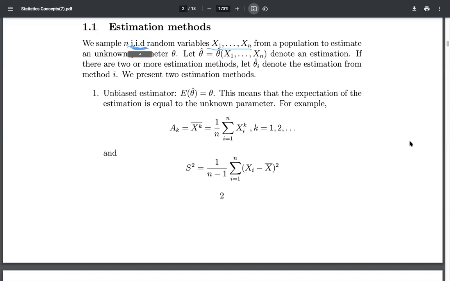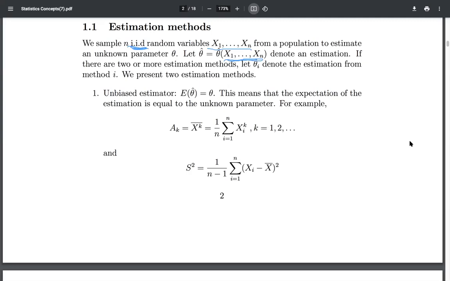All right, suppose that I have an unknown parameter for the underlying distribution that I want to figure out. Okay, so this is what I can observe. From what I observe, I get an estimate that I can compute, and that result from this sample would then be called an estimate.